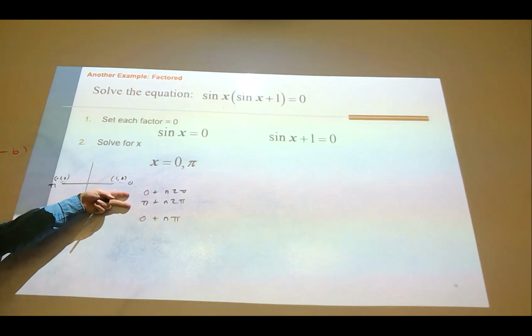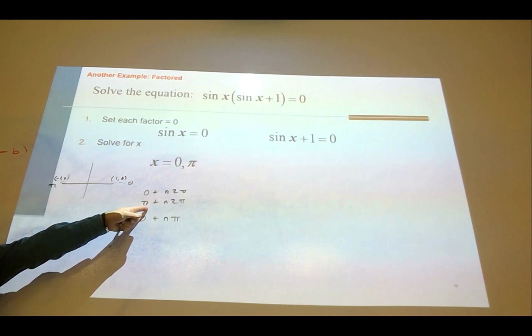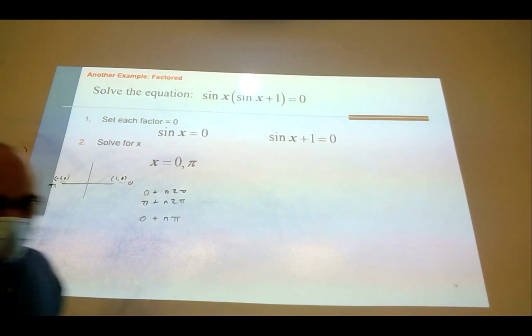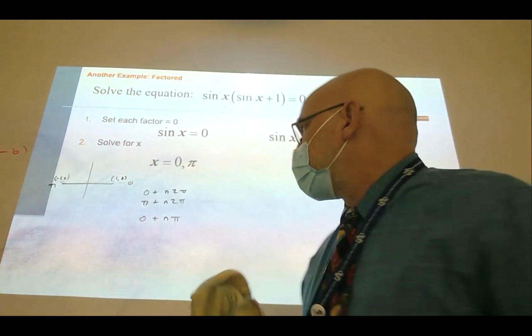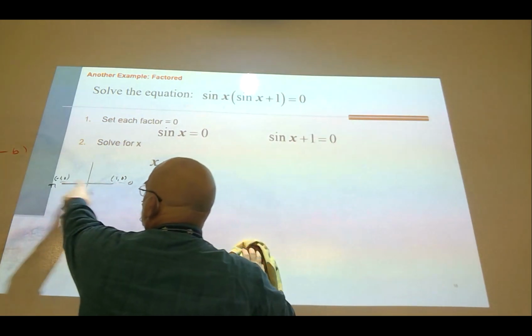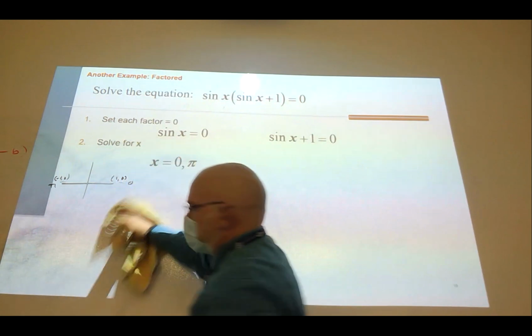I don't need both answers, because 0 plus n pi gives me the answer across the circle. That's kind of a tricky answer. The only time that happens is if it's straight across.